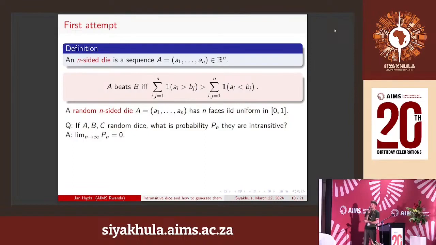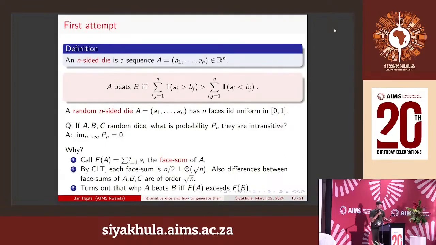And it turns out that this first attempt is not a good idea. If you take n to infinity, the limit of this number Pn is just 0. So they will always be transitive. Very shortly, this is because if you sample them IID at random, you can look at the sum of the faces. For every die A, you can look at the sum from i equals 1 to n of Ai.